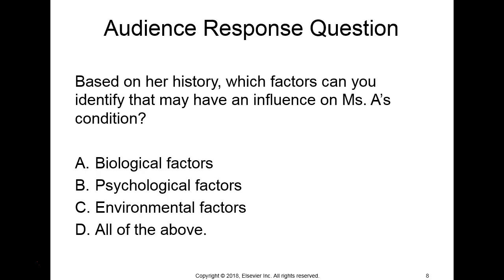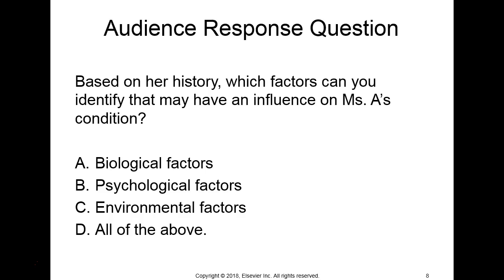So it sounds like she has quite a bit of a dysfunctional family system. Based on her history, which factors can you identify that may have an influence on her condition, which would be developing a bipolar disorder? Biologic factors, psychological factors, environmental factors, or all of the above. I'm hoping, based on even knowing a little bit about the scenario, that you would probably pick all of the above.